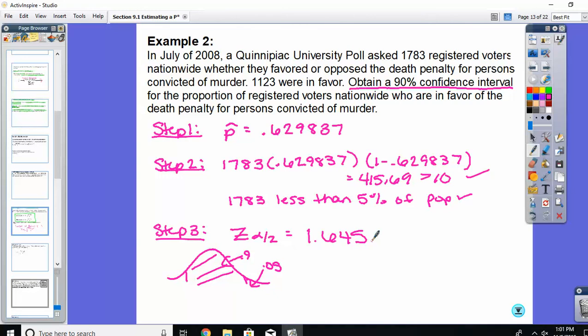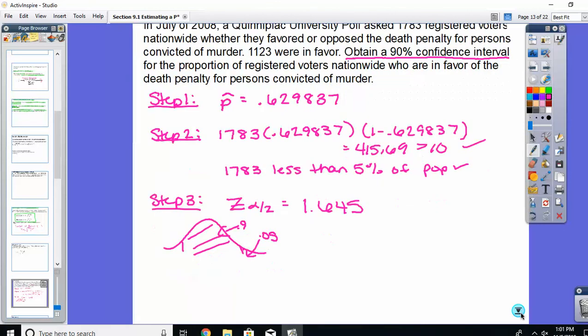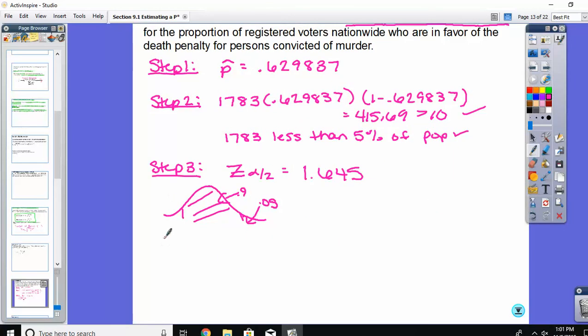Okay. Now, let's make our confidence interval. So we had to find P hat, check the requirements, find our Z. Now we're going to do our confidence interval.